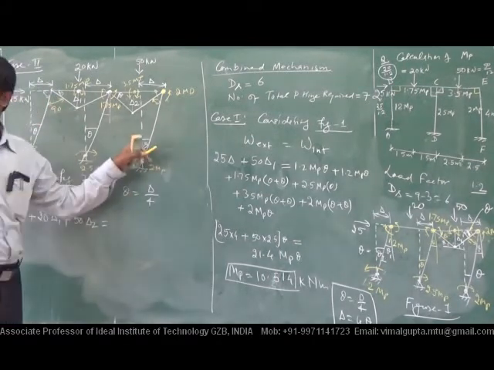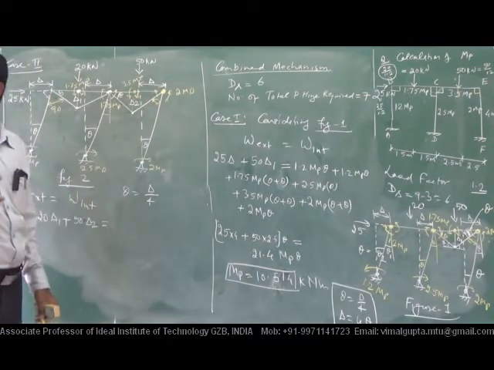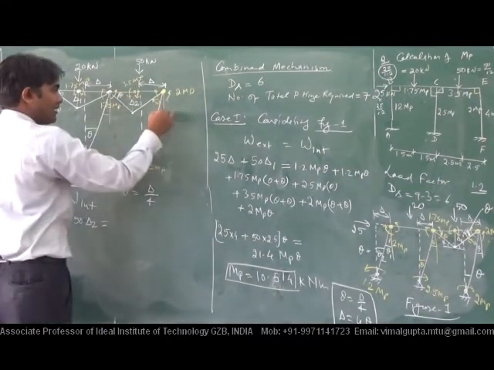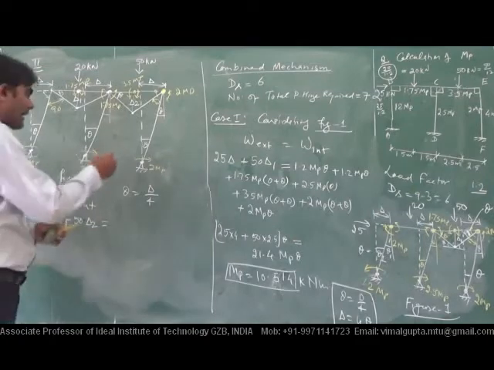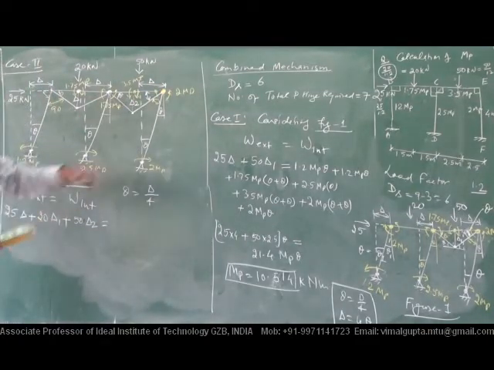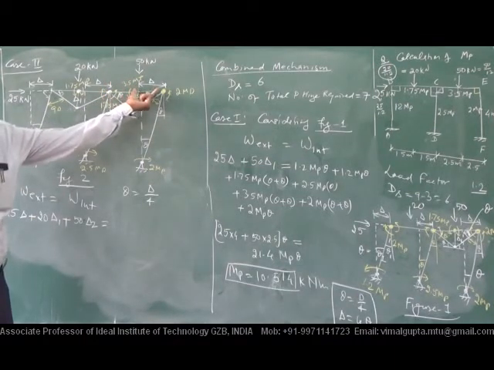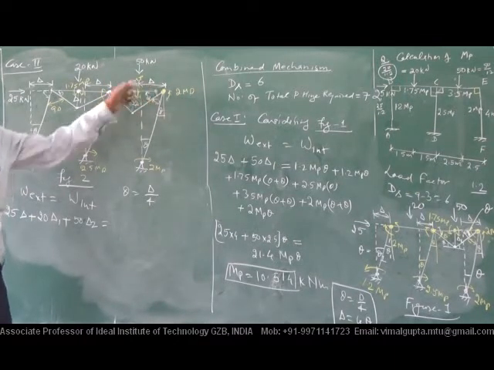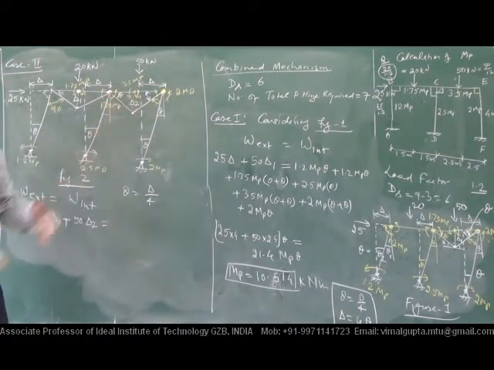And this angle will also be theta because del divided by 4. And if this is theta, then that angle will be theta. And what about that angle? That angle will be delta 2 divided by this distance, because it is in between.